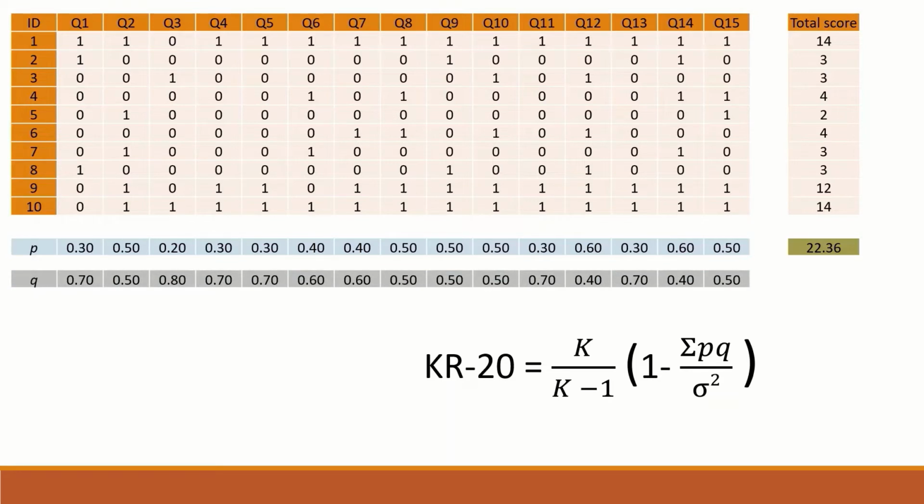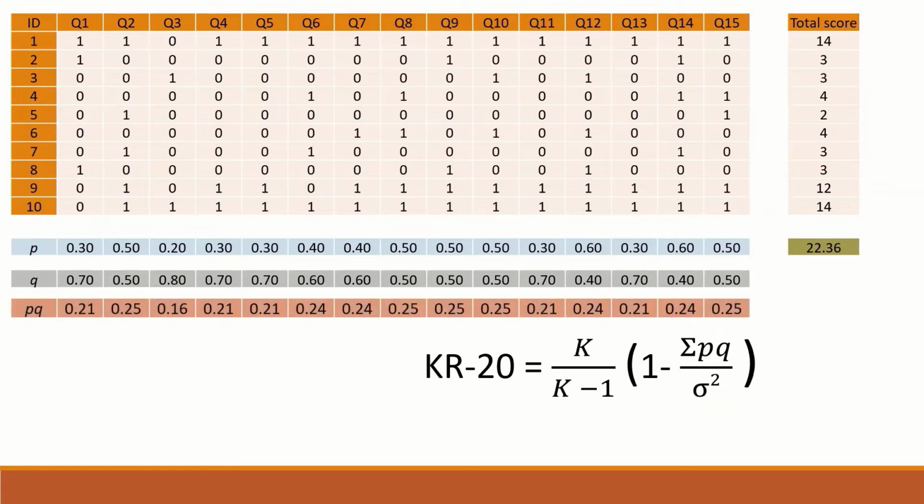Once the p-value is calculated, the q value is calculated. Q represents the proportion of students who answered the question incorrectly, and to obtain it, subtract the p-value for the item from 1. So 1 minus 0.3 equals 0.7 for question number 1.